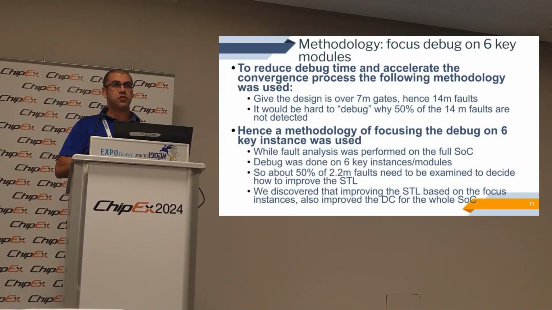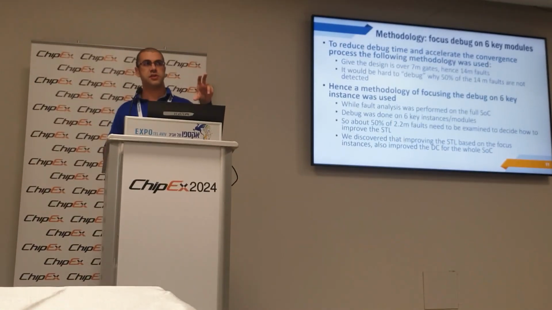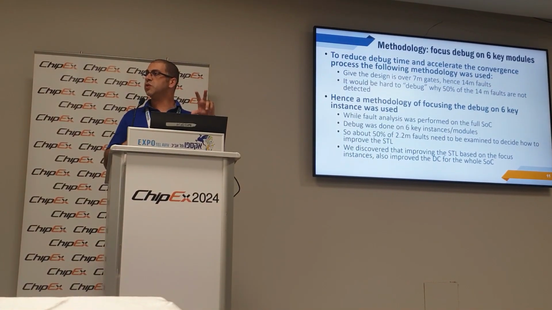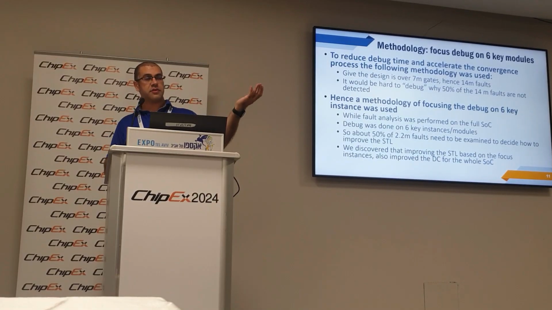One of the smart ways that the Ceva team suggested is they know that they have 6 modules that are in the core of almost all the traffic in this CPU. So they say, instead of focusing on the 14, let's improve these 6 modules at the beginning, and since we know that a lot of modules are connected to them, we can assume that once we improve these and we toggle enough cases in the STL, much of the other faults will also be detected.